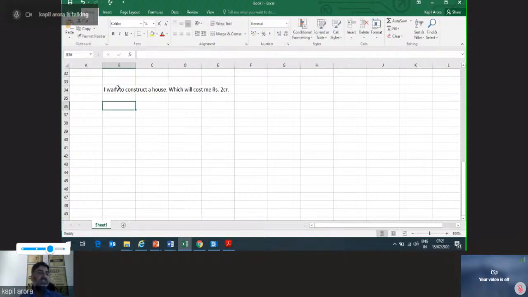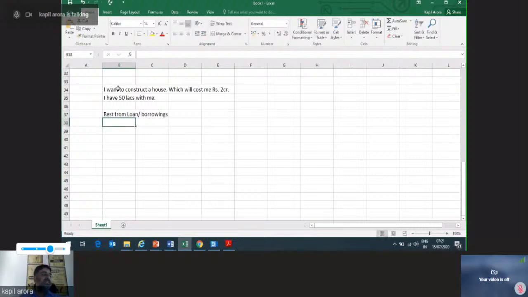I have 50 lakhs with me. Now, from where will the rest of the amount come? The rest of the amount will come from loan or borrowings.